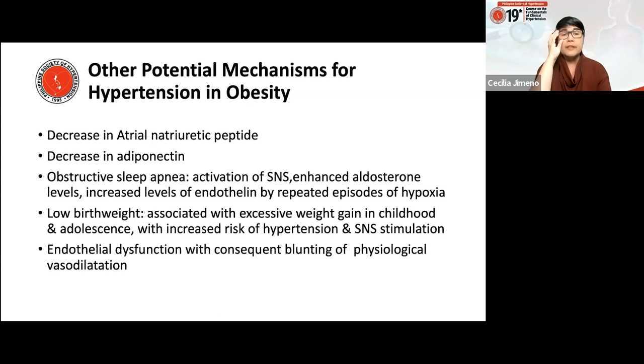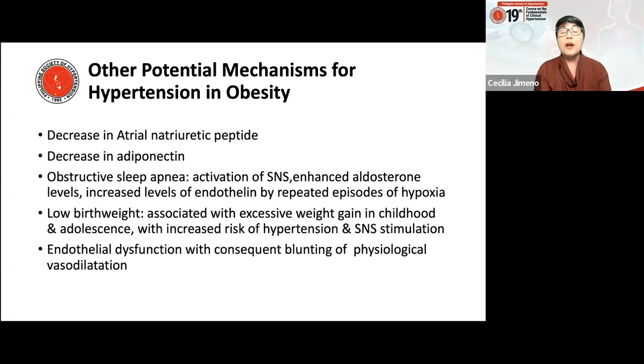And some other potential mechanisms for hypertension in obesity as well as metabolic syndrome are the decrease in the atrial natriuretic peptide, which is a diuretic, a decrease in adiponectin, and the presence of obstructive sleep apnea, which activates the sympathetic nervous system and enhances or increases the aldosterone levels.